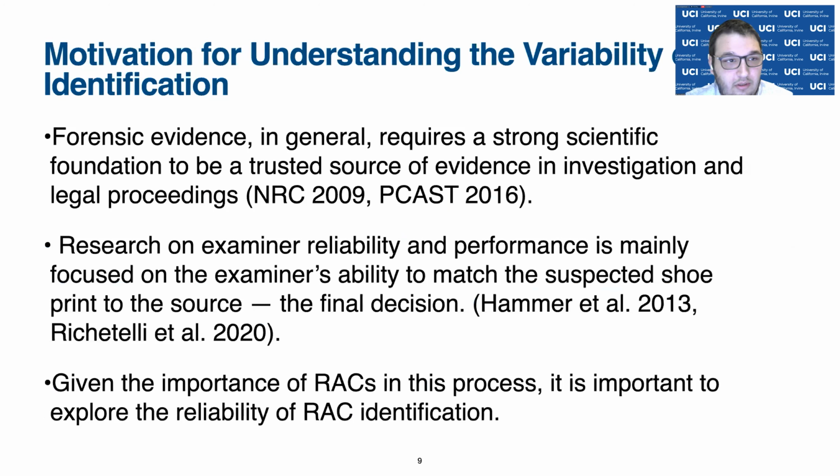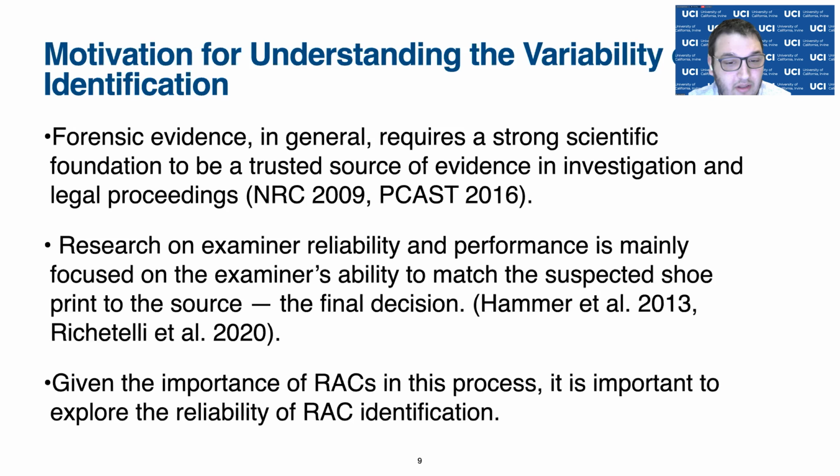So, just more motivation of why we care about understanding this variability in RAC identification. The first is that we need a strong scientific foundation to trust our evidence. So we have to understand that there could be differences or not in RAC identification. The next big key here is that research is generally done on the final decision, whether or not the suspect shoe matches the crime scene print.